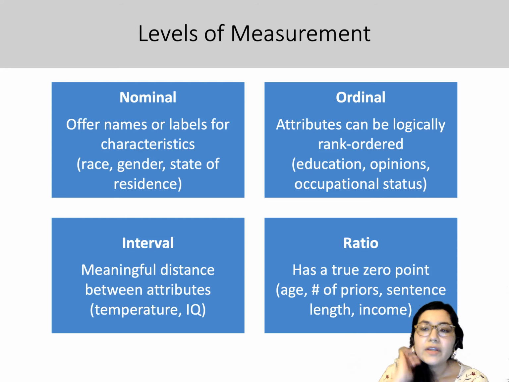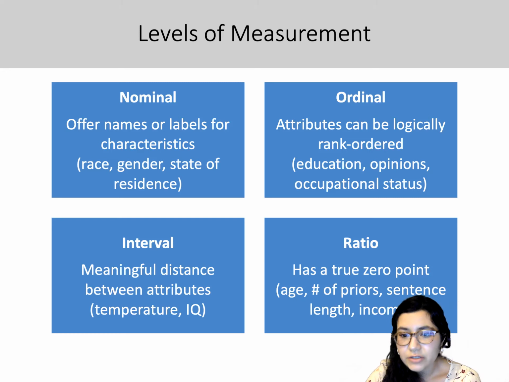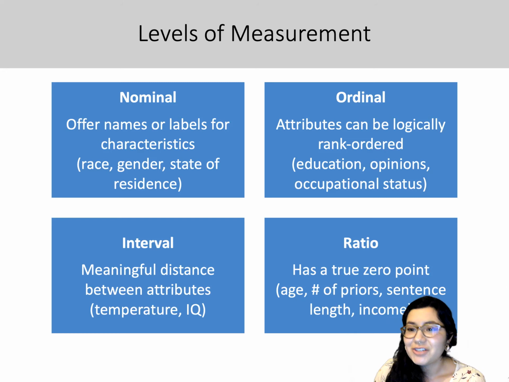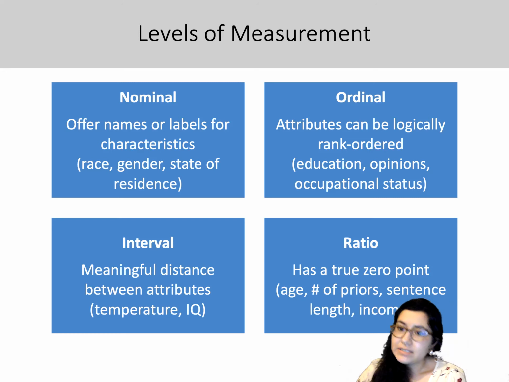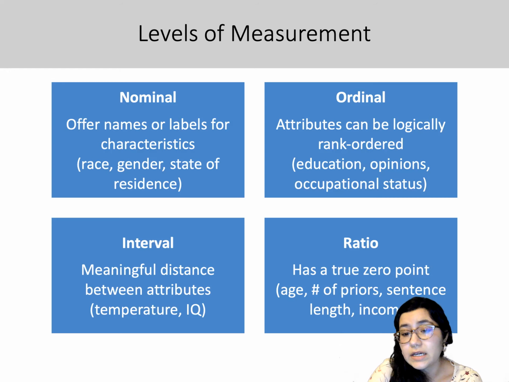And so, especially in the sciences, you'll deal a lot with intervals, but ratios is a lot of where criminal justice research occurs. So there's usually a true 0 point. And so age, sentence length, income, number of priors, there's usually a true 0 point. And often we deal with ratios too because we're counting instances or proportions within a given area.